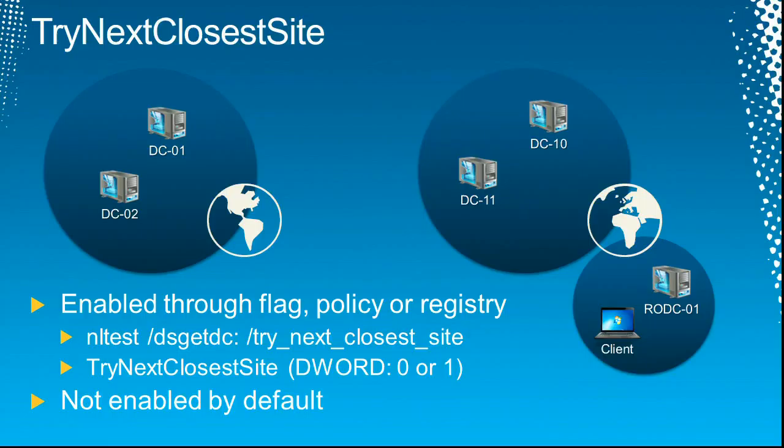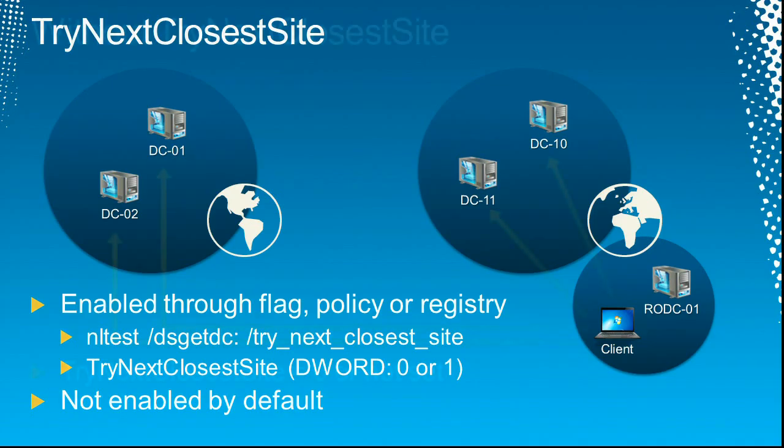So with try next closest site, imagine that you have two regional sites, one in America, one in Europe, and you have a small branch office in Europe. And that small branch office only has one RODC, and a client is requesting a writable domain controller.